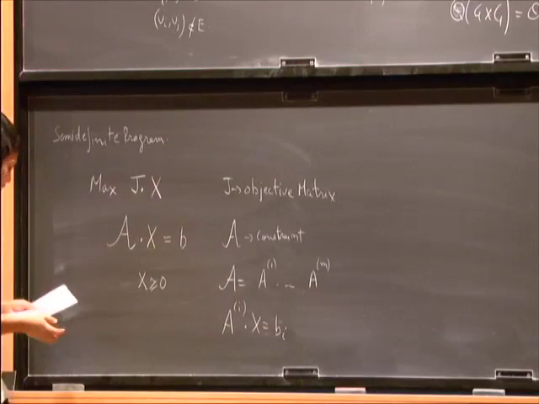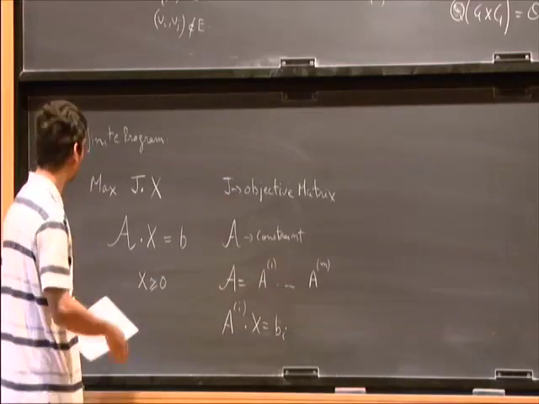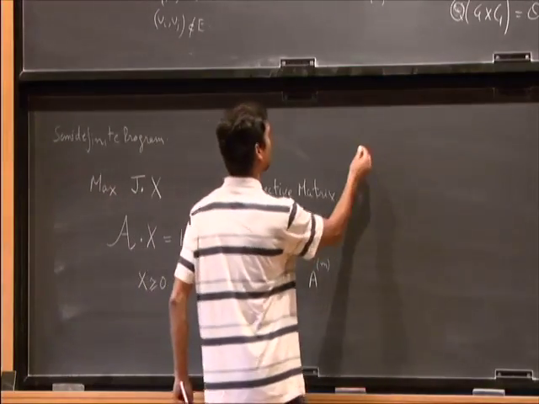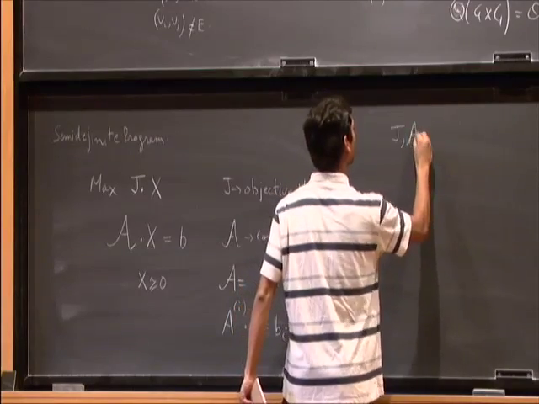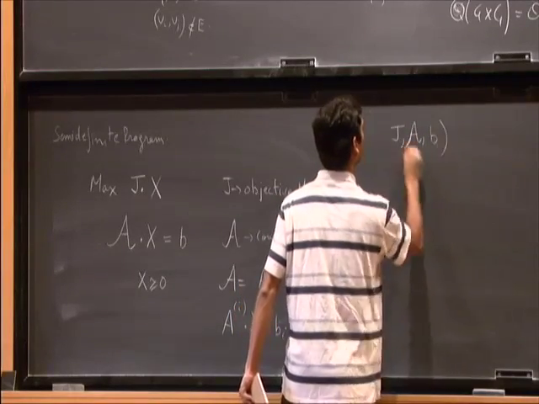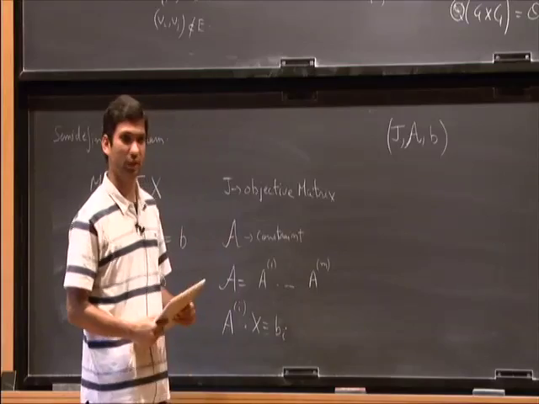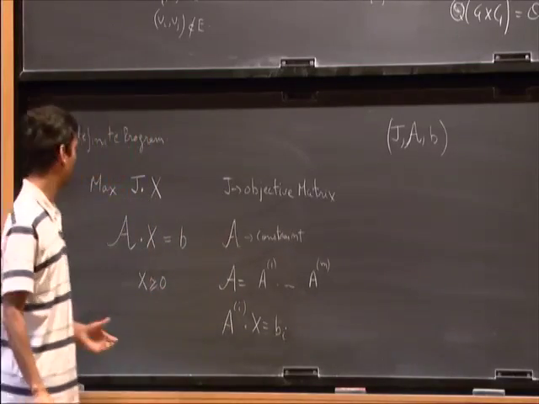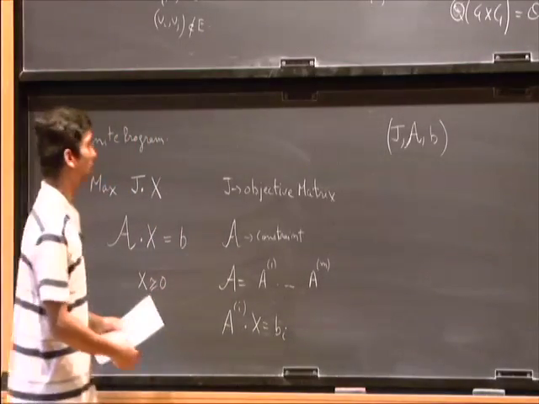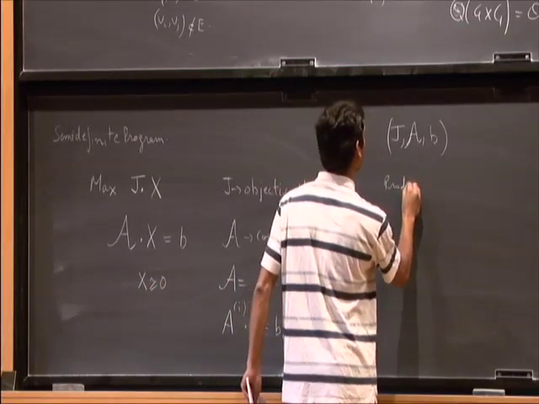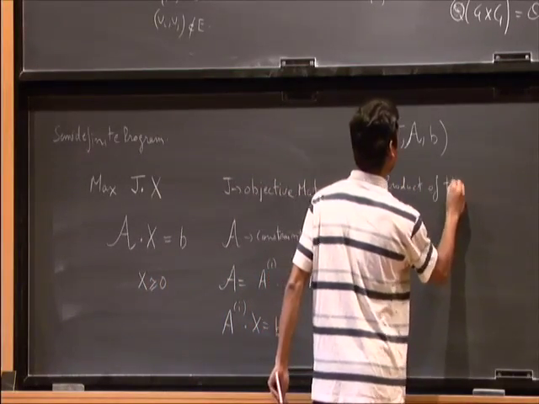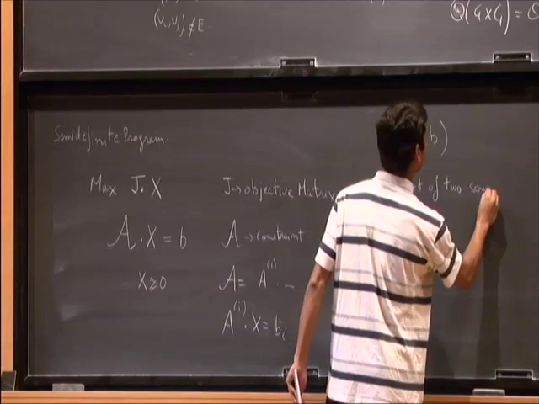Now given this general semi-definite program, this program is specified by 3 parameters, J, A, and B. And so you'll define the product of two semi-definite programs.